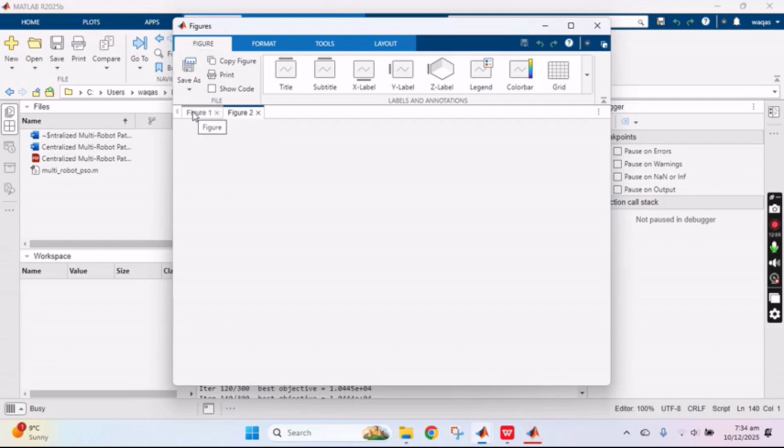Yes, I think there is a multi-robot graphics problem. Let me just wait for the other MATLAB.